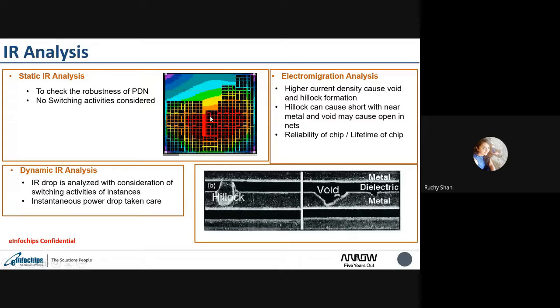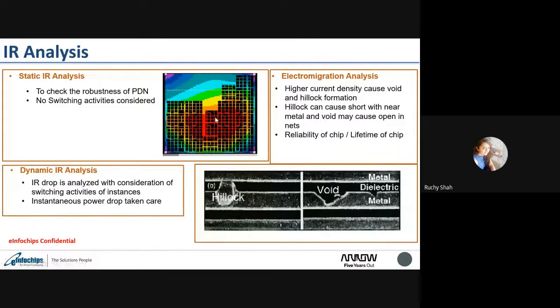Means we are not considering the switching of instances here. So basically, we check here the power delivery network only. Okay, this figure again shows that these are the power delivery networks, and in red regions there is lesser power availability.